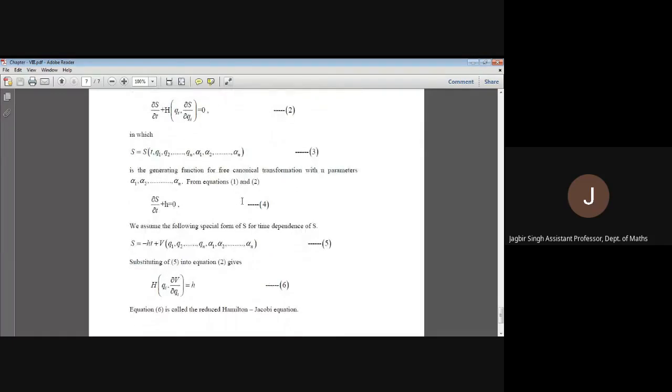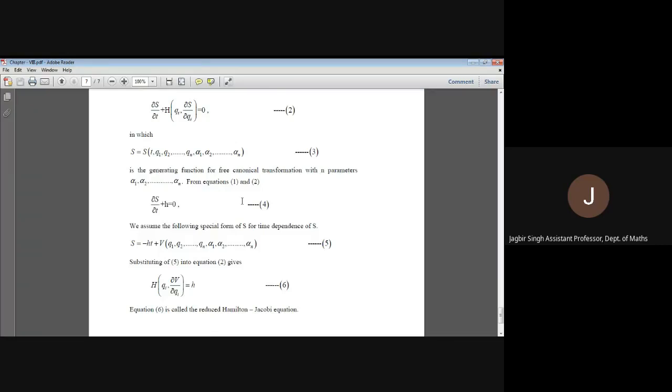Now integrating both sides, on left hand side we will have S, on right hand side it will be minus Ht plus some constant. But here S is a function of t, q1, q2, ..., qn, alpha 1, alpha 2, ..., alpha n, and we just integrated with respect to t. So the constant will depend on the remaining variables.